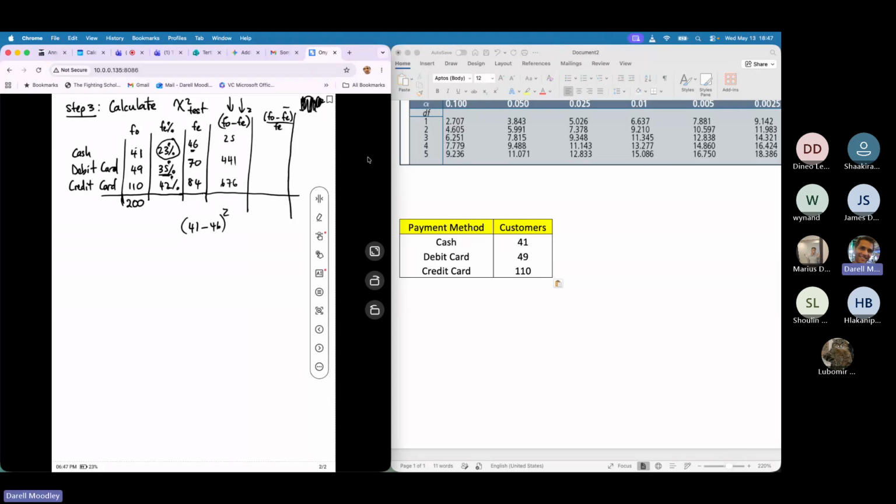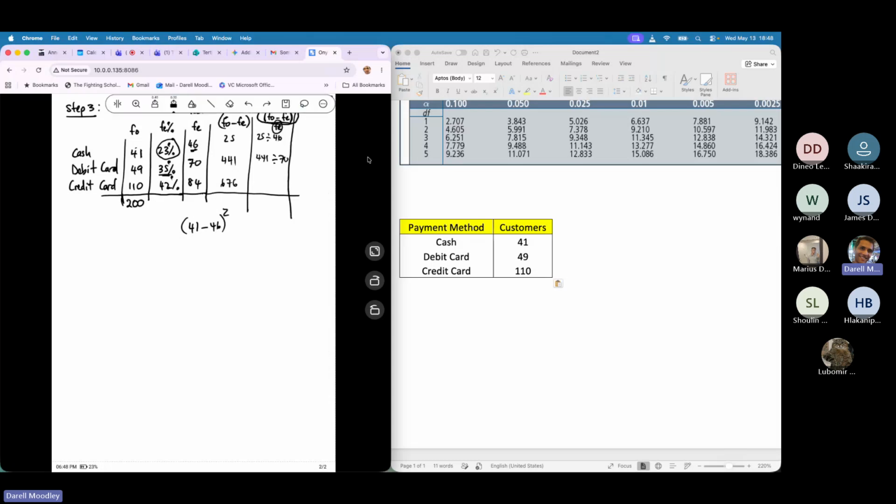And then the last column is, if you look at this numerator here, I'm just going to circle this. That is just what you found in the previous column. All you're doing is you're taking the value from the previous column and dividing by FE. So in other words, the first value here is 25 divided by the FE value, which is 46. For the next one, it's going to be 441 divided by 70, etc., etc. All right.